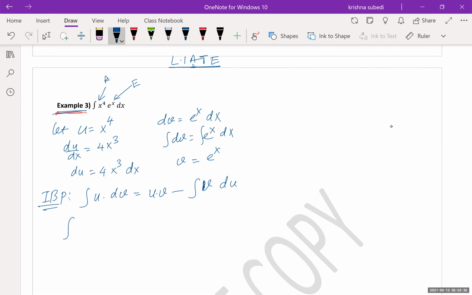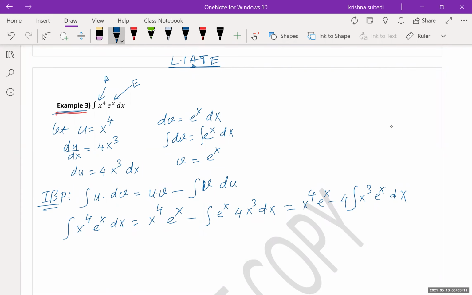So if I substitute the values, u is x to the power 4, dv is e to the x dx, equals u, x to the power 4, times v, e to the x, minus integration of v du. So v is e to the x, du is 4x cubed dx, which is x to the power 4 e to the x minus 4 times the integration of x cubed e to the x dx.